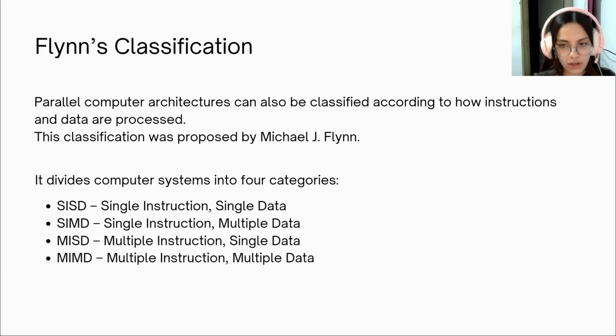Based on this idea, computer architectures are divided into four categories: the SISD, the SIMD, the MISD, and the MIMD. Each category represents a different way that instructions and data are handled in a computer system.